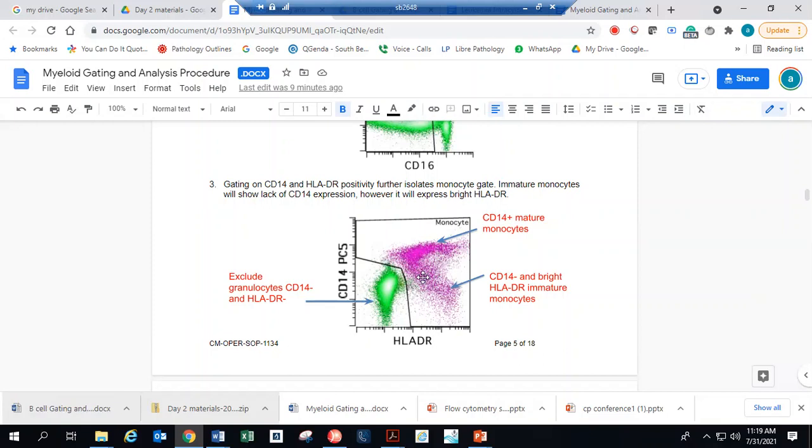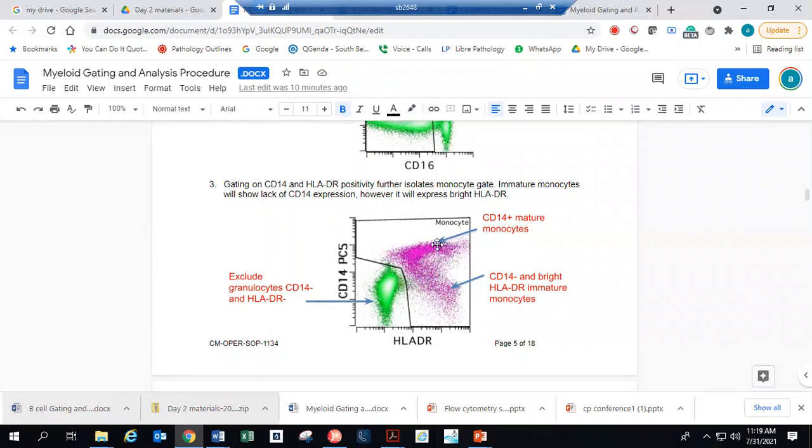And we were talking about this kind of sign yesterday, that the monocytes dip in the promonocyte stage for HLA-DR, and then increase again when they go into the more immature monocytes. So basically promonocyte, not promyelocyte, promonocytes.